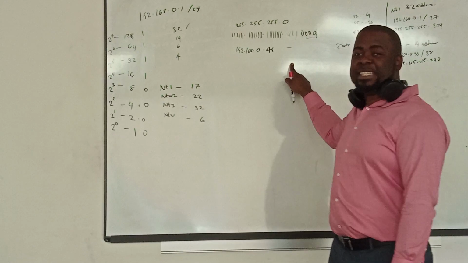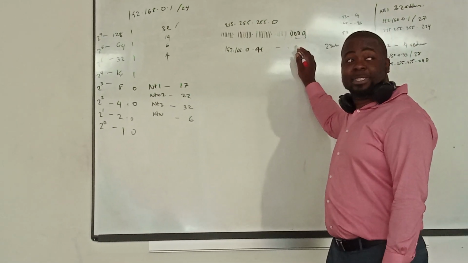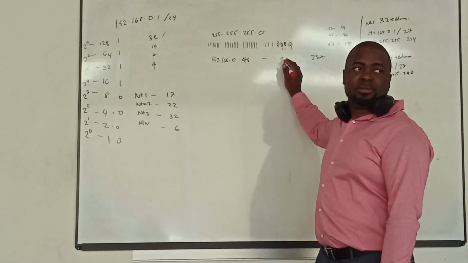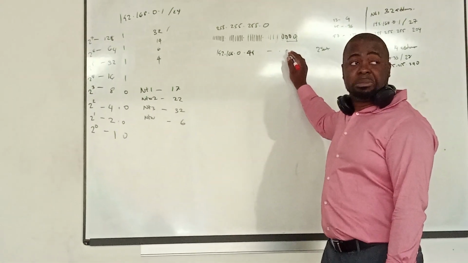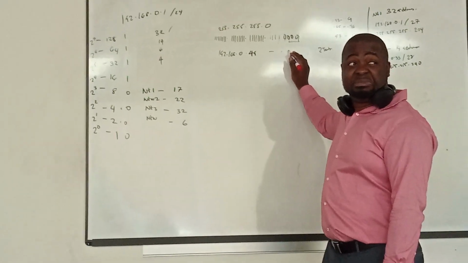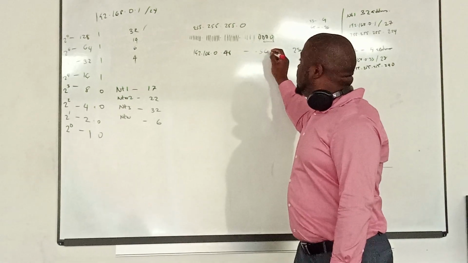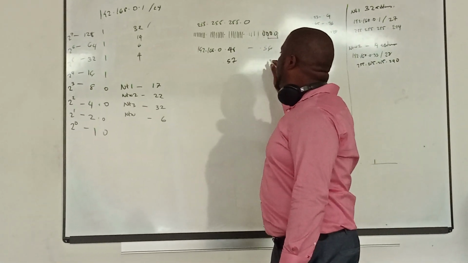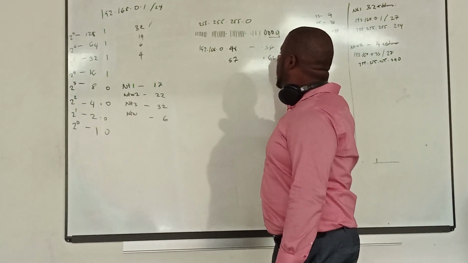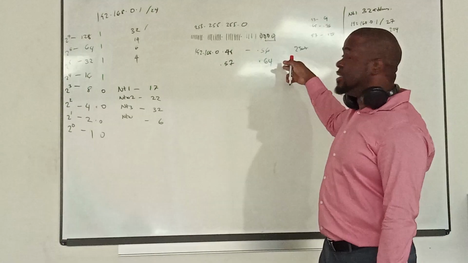So our magic number is 8. 49 plus 8 is what? 57. 56. These are the 2 subnets.